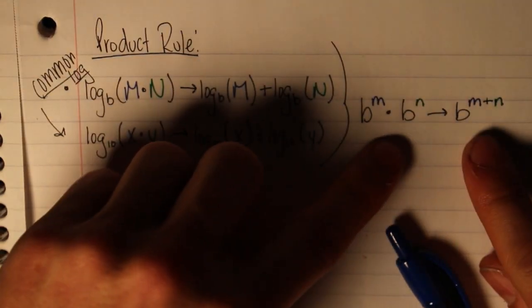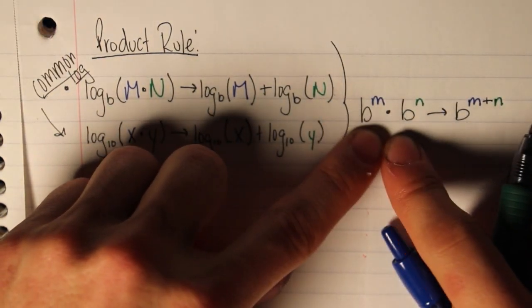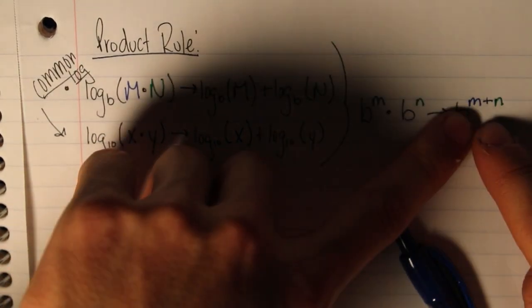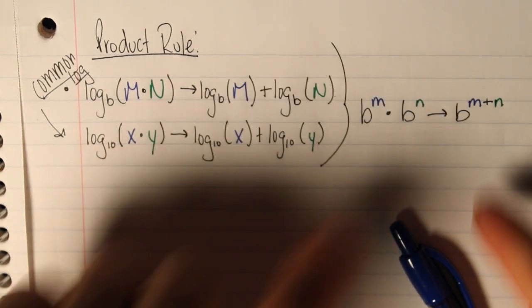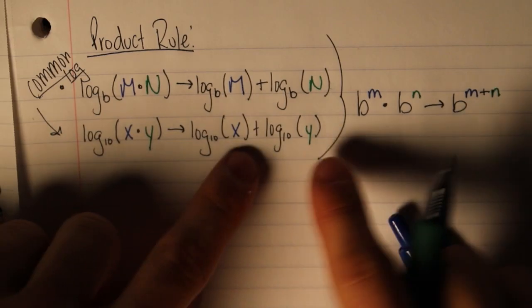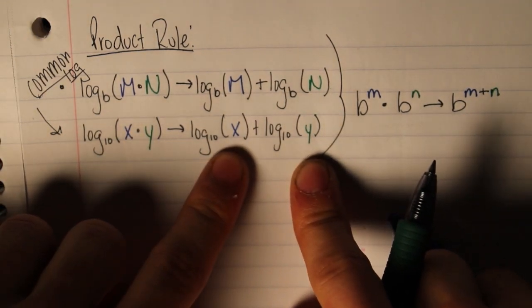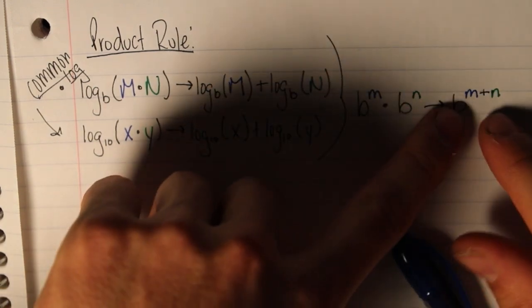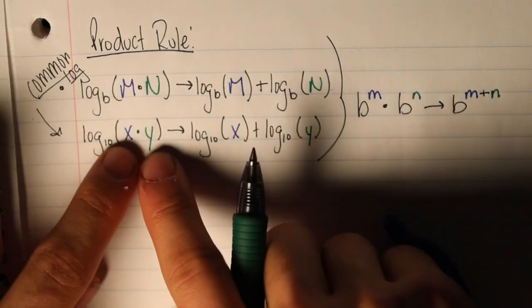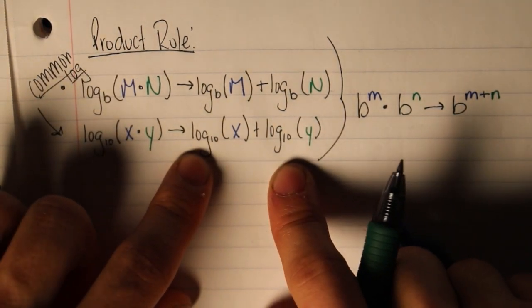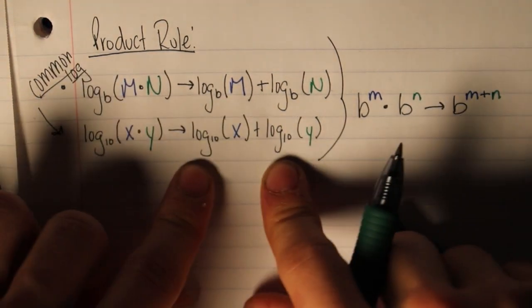You agree with this? If we have b to the m power times b to the n power, multiplication with the same base, we then add the two exponents. Multiplication with the same base and an exponent, we add the two exponents. Multiplication with the same log base, we just add the two variables, separating them with two separate logs.